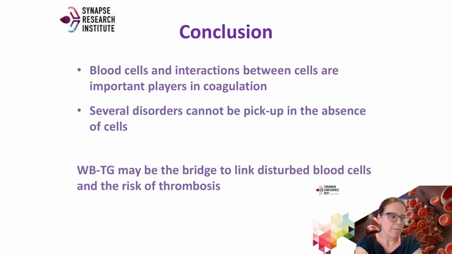We think that whole blood thrombin generation is a new opportunity to study the involvement of blood cells in coagulation, and that there are several pathological conditions where the patients have both a disturbed blood cell count and a higher risk of thrombosis. We hope that whole blood thrombin generation may be the bridge to link both these disturbed blood cells and the risk of thrombosis.